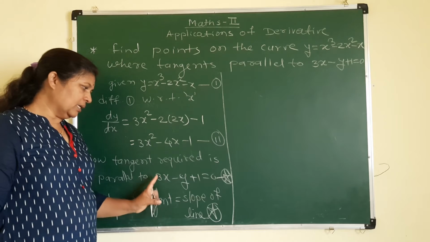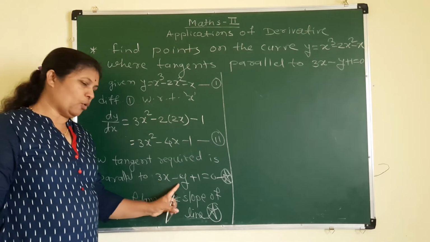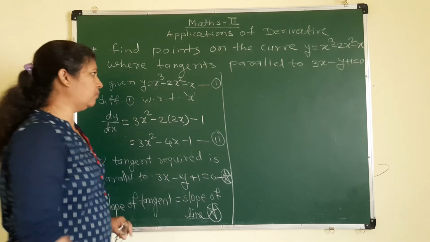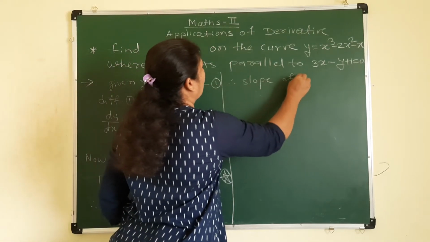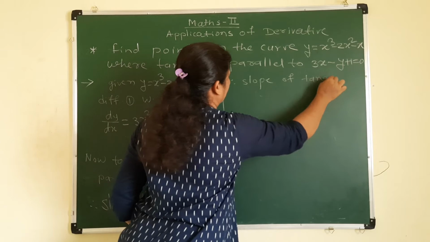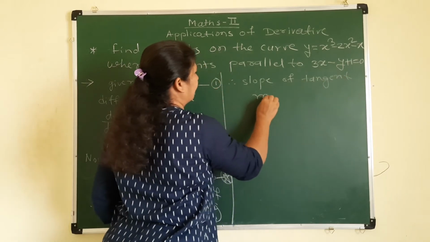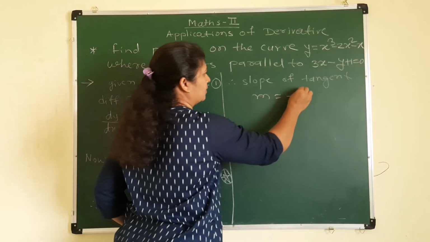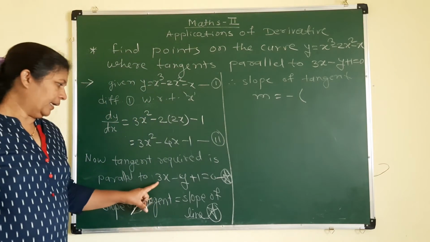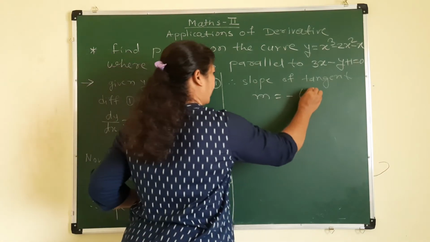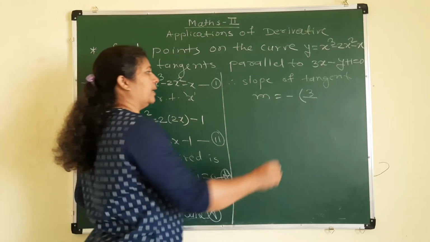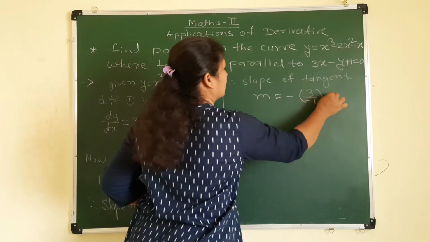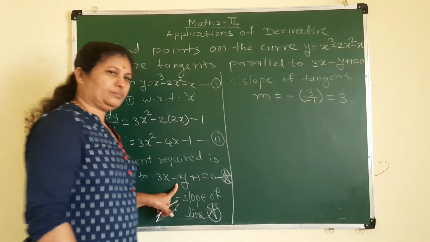It is minus a, means 3, upon b, means minus 1. Therefore, slope of tangent, which is given by m, is equal to minus into bracket a is coefficient of x, that is 3, b is coefficient of y, that is minus 1.